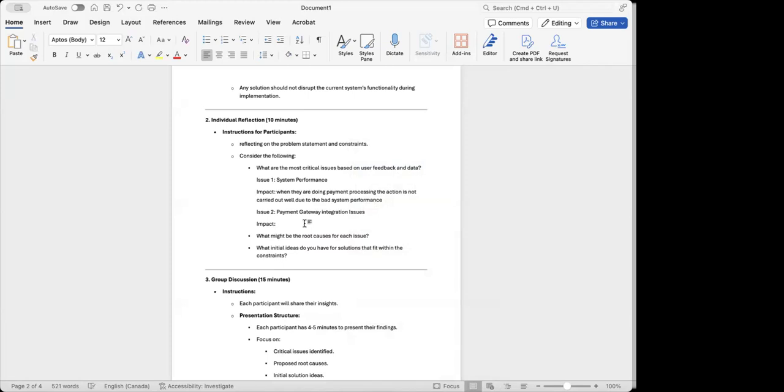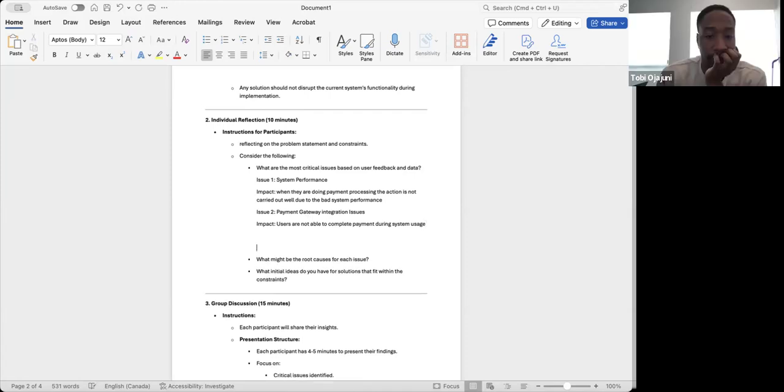Well, the impact of that could be users not being able to complete payments during the system usage. So it leaves it hanging, which causes some sort of overload in the back end, causing database issues. I don't know if... No, I understand.